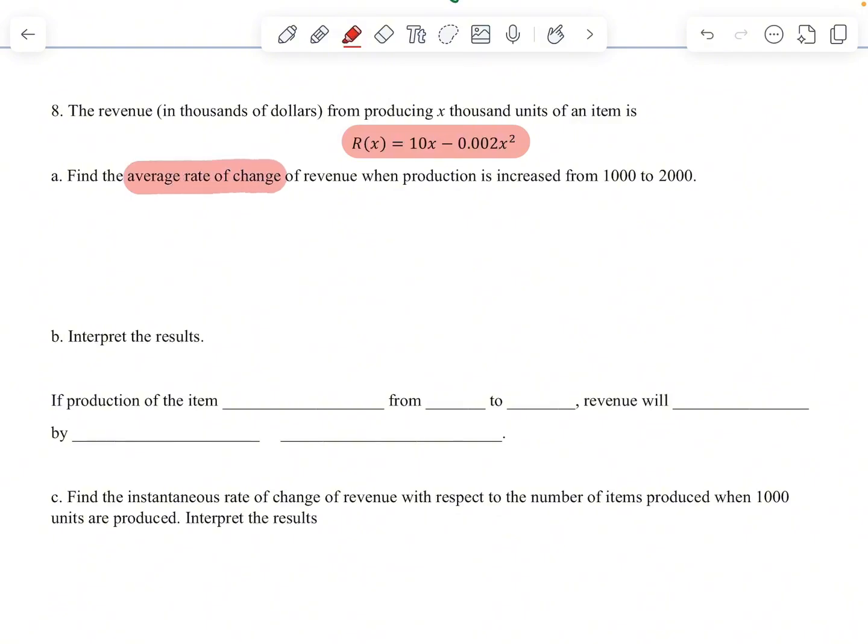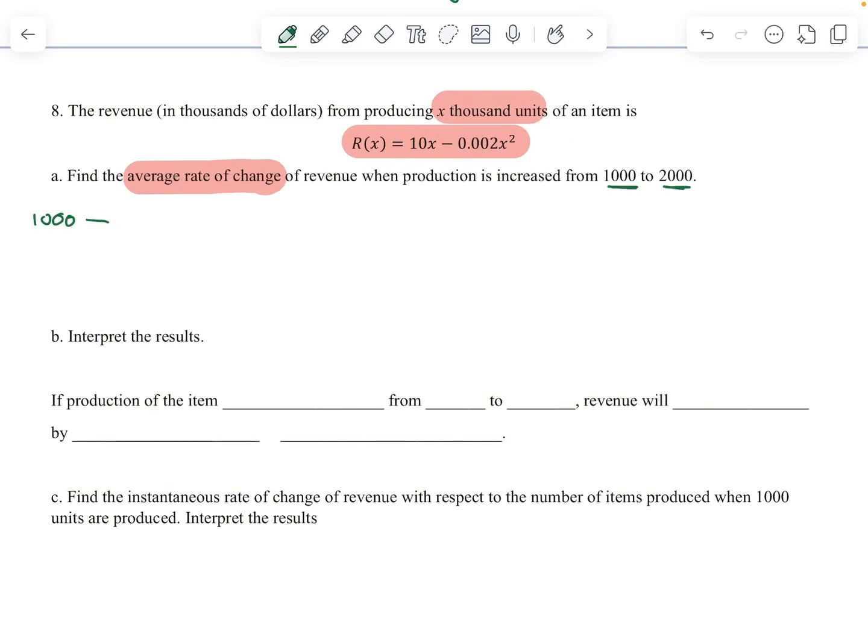Since the problem is asking for an average rate of change, we will need to apply the average rate of change formula. However, we need to be careful because in the problem it states X thousand units. So we need to rewrite 1,000 and 2,000.